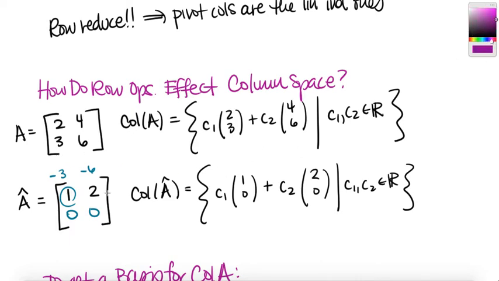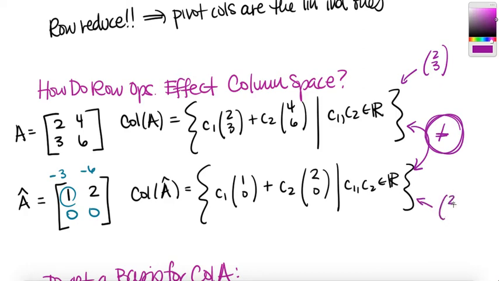But it also tells us that the column space has changed. So these two column spaces are not equal. For instance, (2, 3) is in this column space, but this one does not have (2, 3), because with 0 here and 0 here, we can never get that 3 in the second component.